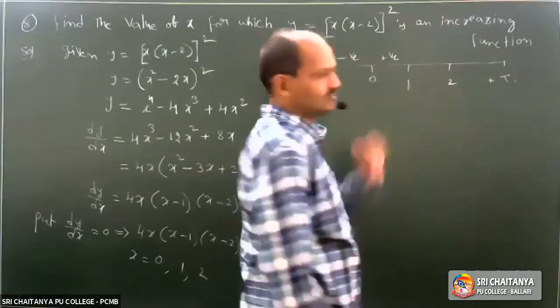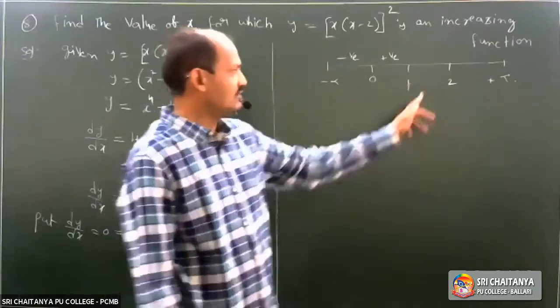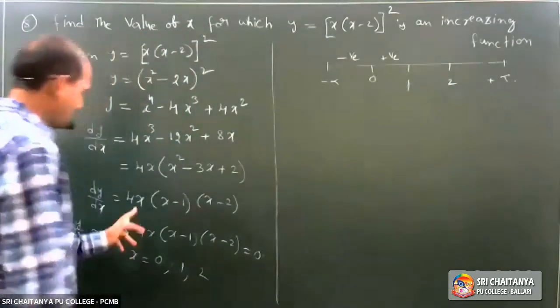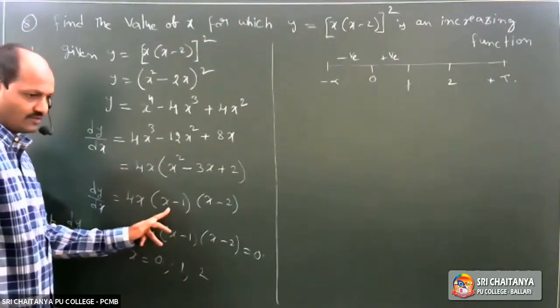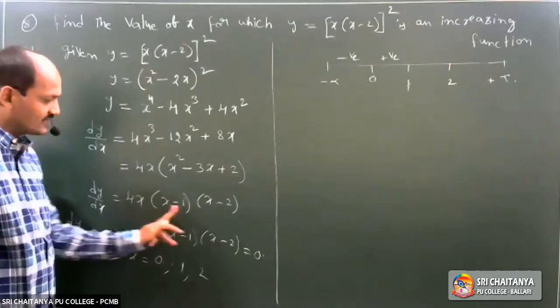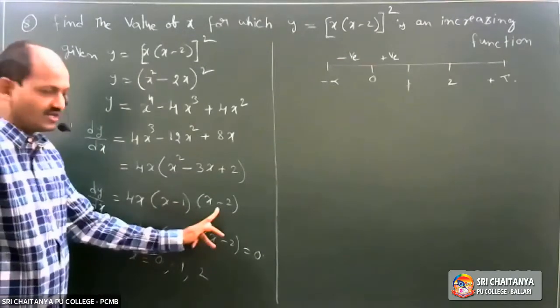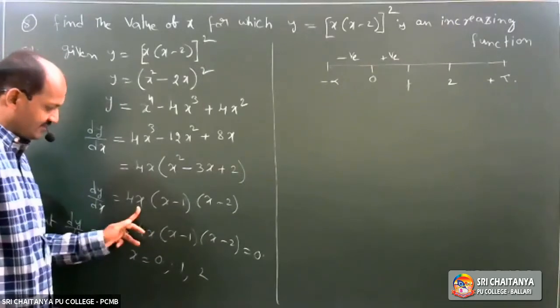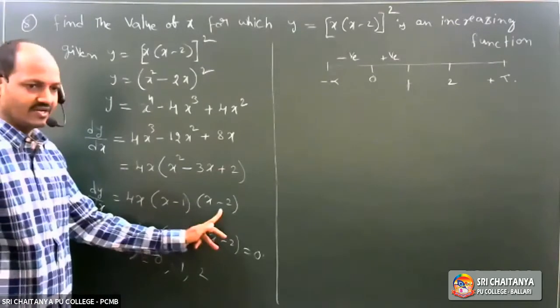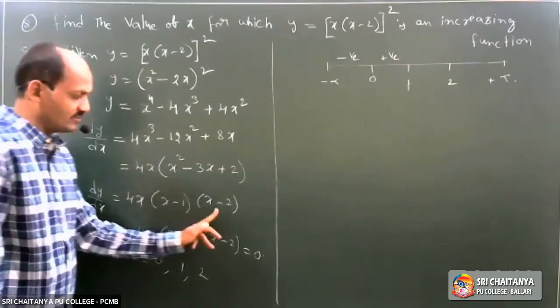Next, 1 to 2. For example, 1.5 is positive. 1.5 minus 1 is 0.5, which is positive, and 1.5 minus 2 is negative. Plus into plus into minus gives negative.